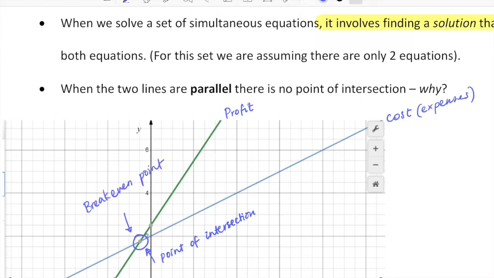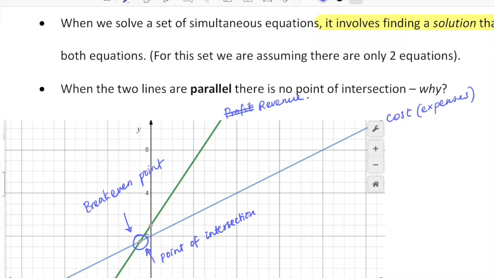The green line, up until our break-even point, is actually lower than our cost line, which is the blue one. Once they hit the break-even point, that's when both our revenue and cost are equal to each other. Our green line's called revenue. Once that point is hit, all of a sudden our revenue is a lot higher than our cost.